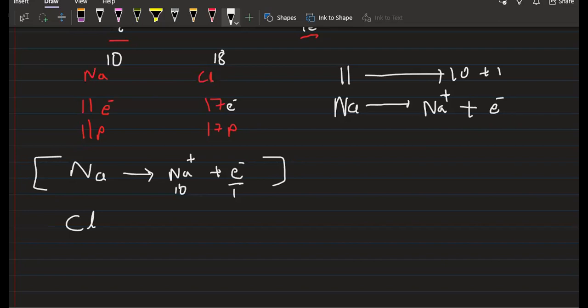Everyone got this? How Na gives Na plus plus an electron? It is 11 electrons with Na, then 10 electrons in Na plus, and 1 electron goes to Cl minus.